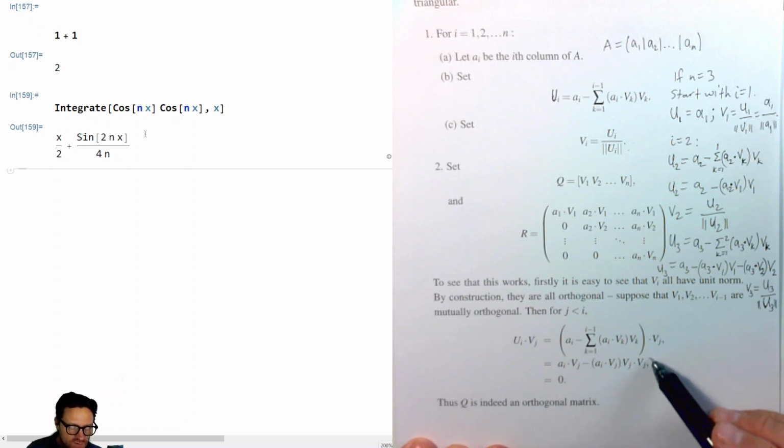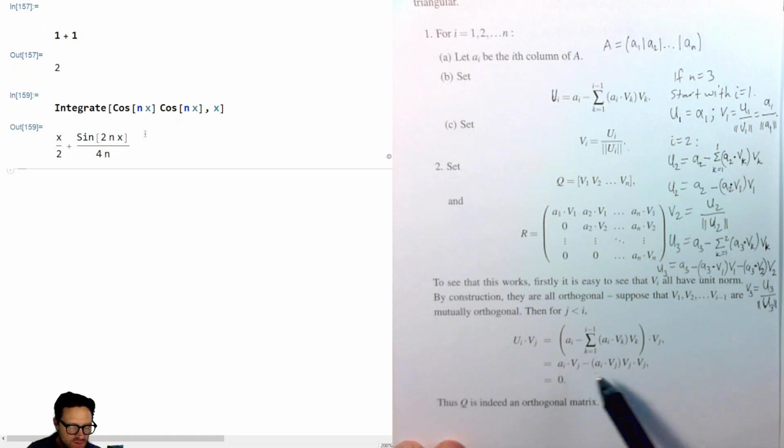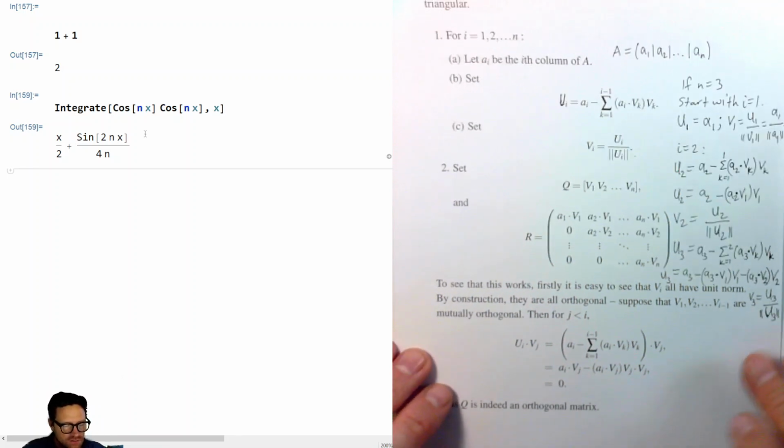This dot product will give us the square of the norm, and since that norm is 1, this piece is 1, and so we just have Ai dot Vj minus Ai dot Vj, which gives 0. So Q is indeed orthogonal.